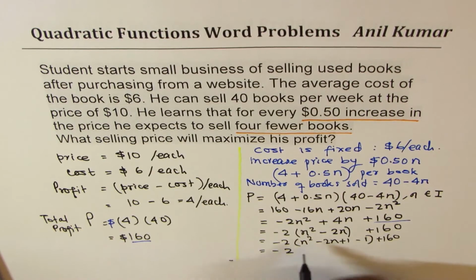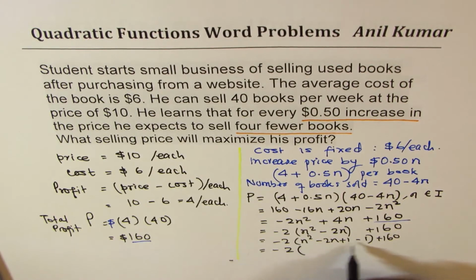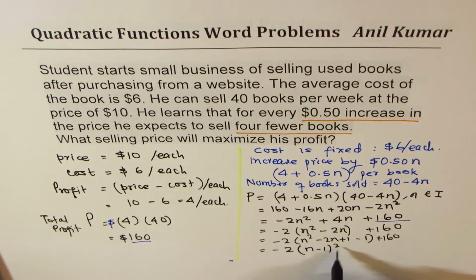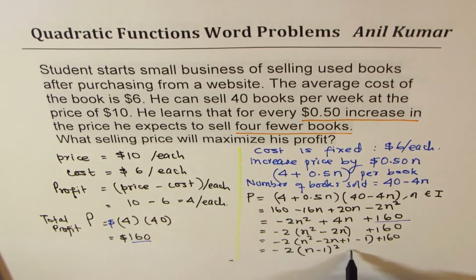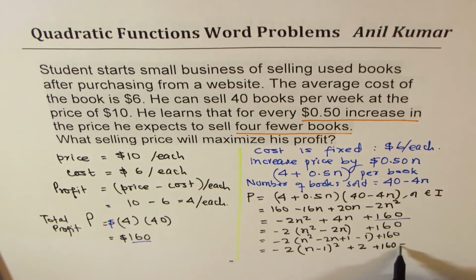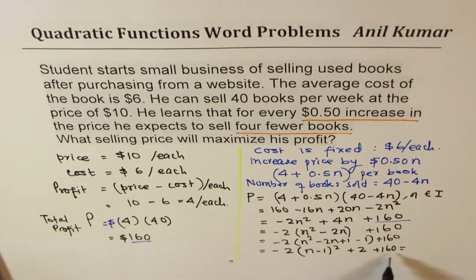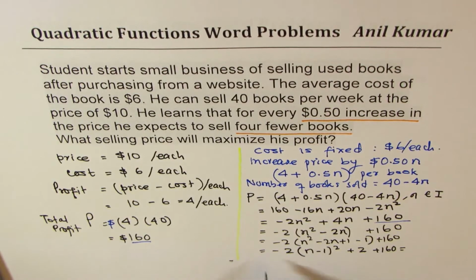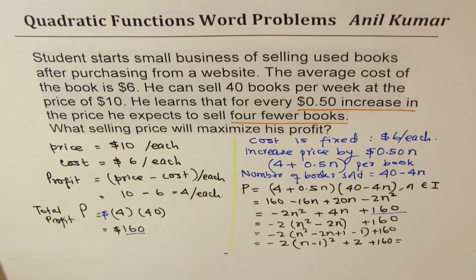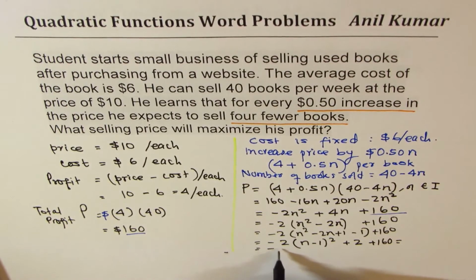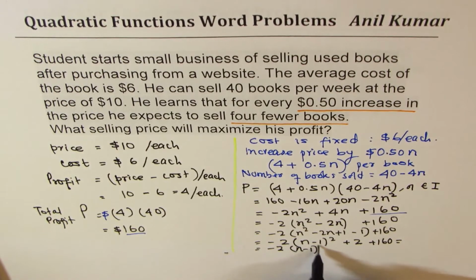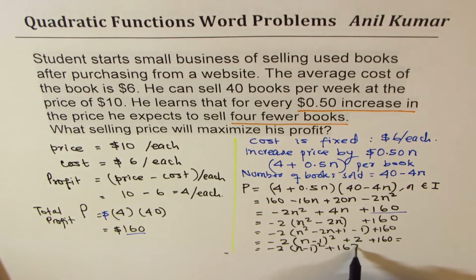We can open this bracket, right? So minus 2 times this part becomes (n minus 1) whole square, and minus 1 times minus 2 is plus 2, right? And we get 160, correct? And that gives you the maximum profit, which is 162, right? So what we get here is minus 2(n minus 1) whole square plus 162.